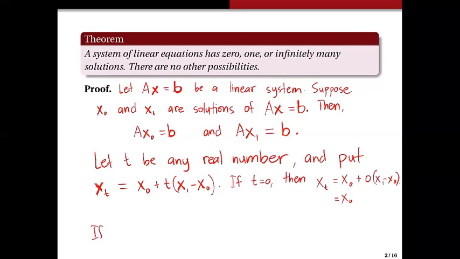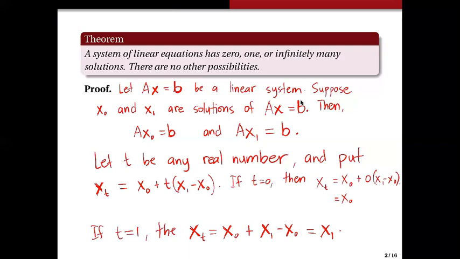If t equals 1, then x sub t is x sub 0 plus x sub 1 minus x sub 0, and this will be equal to x sub 1. So far, so good.